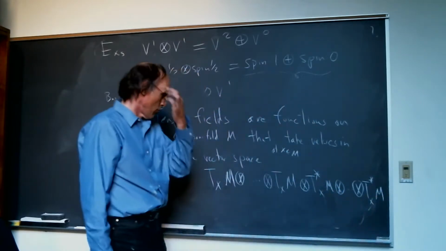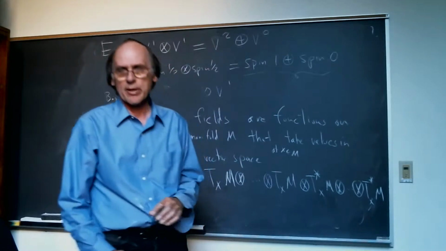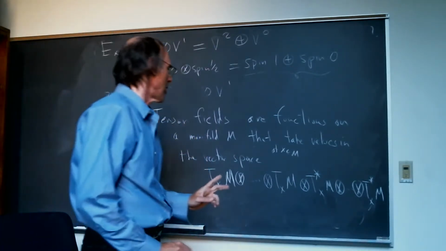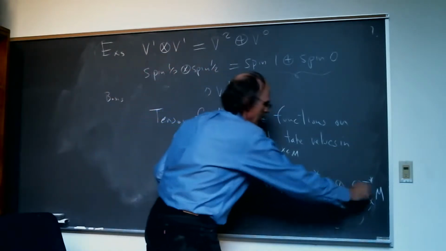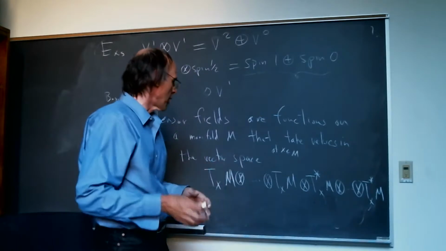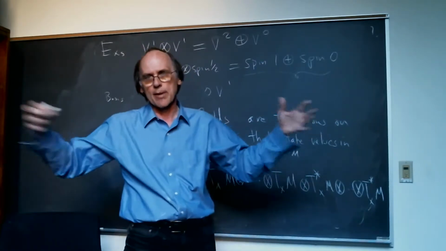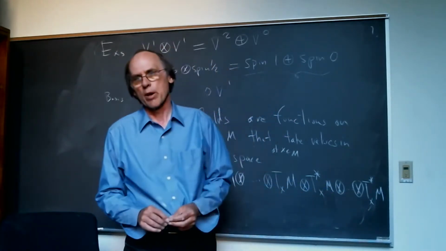Okay, so if you know a lot about tensor fields and have heard about them, you can try to understand the relation to what I've been telling you about today. What these tensor fields really are is functions which take values in a big vector space, and that big vector space is this tensor product.